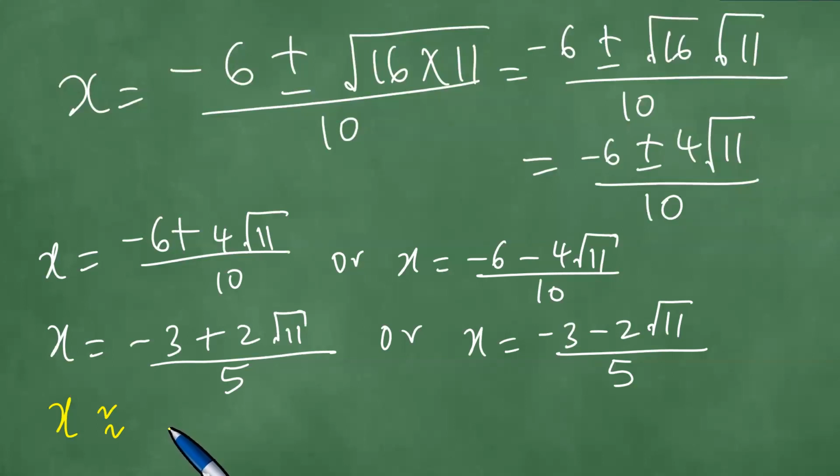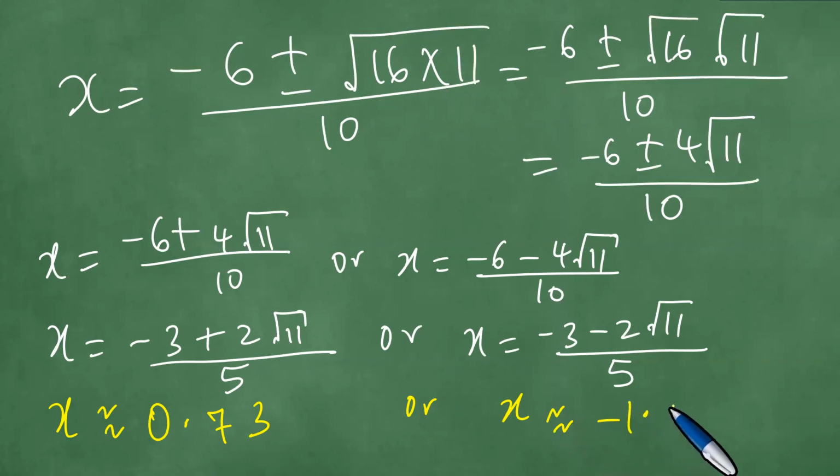So in which case, this is 0.73, or x is approximately minus 1.93, 2 decimal places. So these will be the answers to the question.